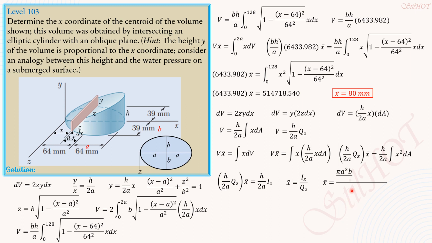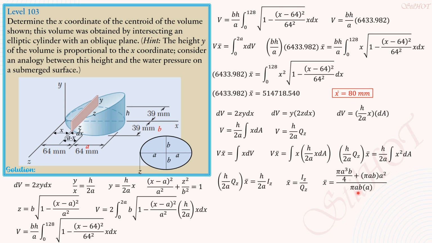So x-bar is pi a cubed b over 4 plus area pi ab times moment distance squared a squared. Then the first moment of area Qz is the area of the ellipse pi ab times moment arm a.